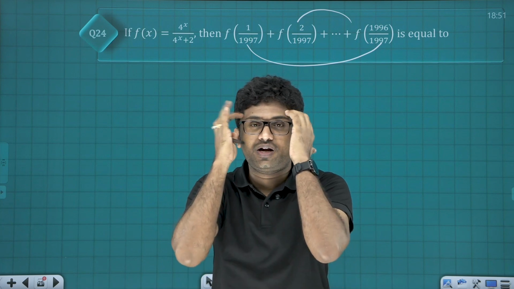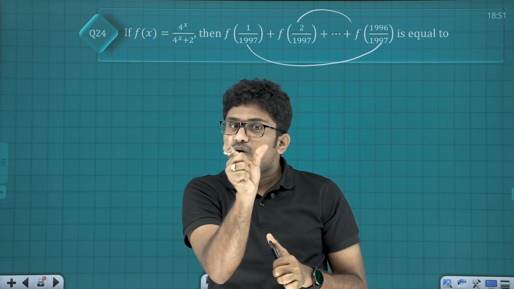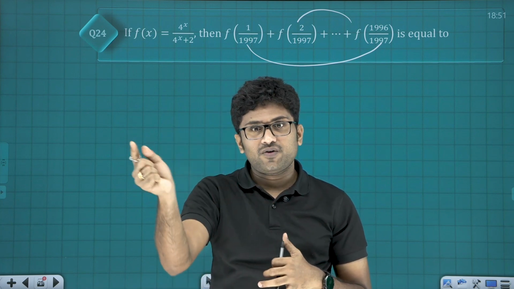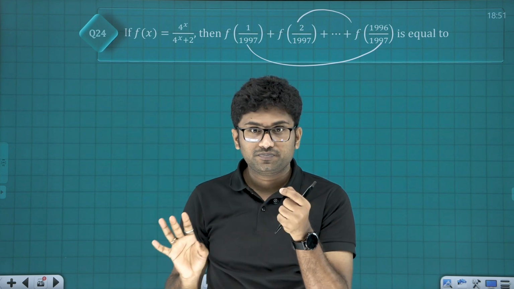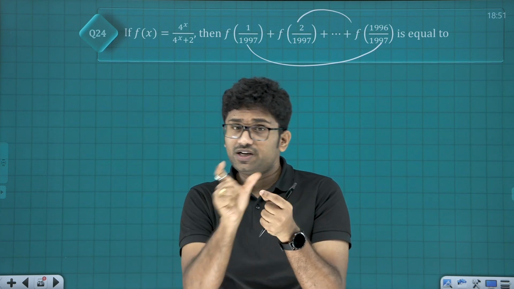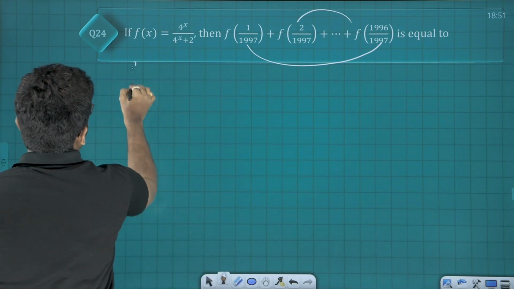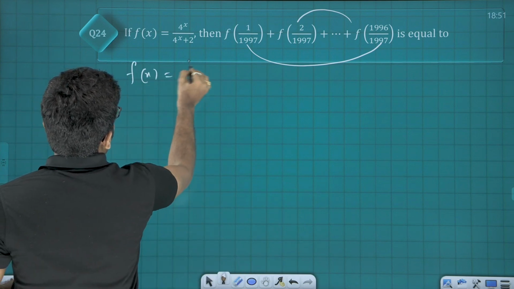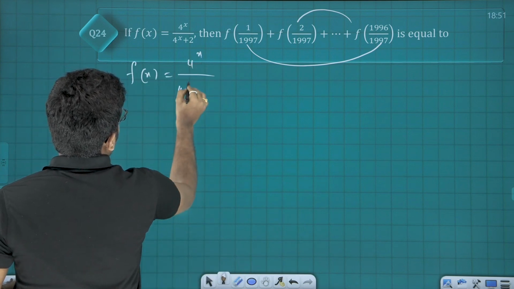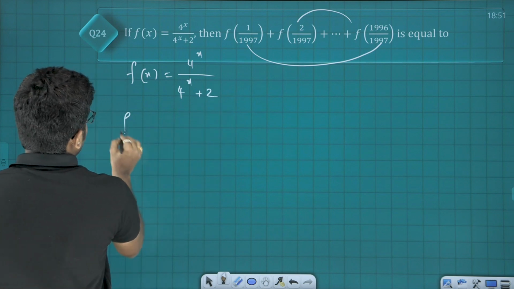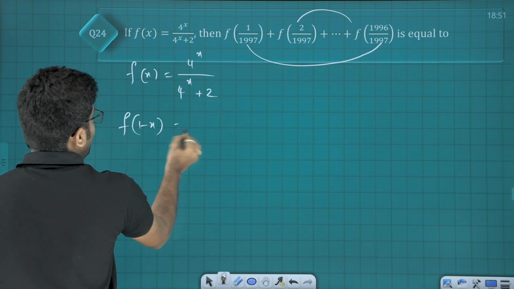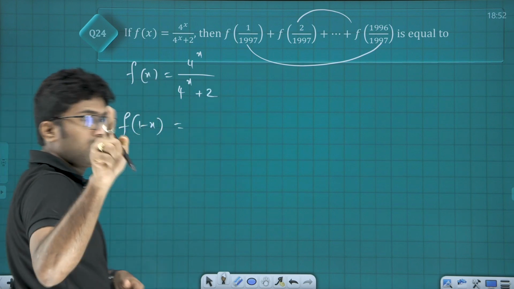First, you have to analyze the sum of two values, f of x plus f of y, such that x plus y is 1. When x plus y is 1, something is going to happen. Clear? Now f of x is already given, friends: f of x is 4 power x by 4 power x plus 2. Let's find f of 1 minus x. Why? Because the sum should be equal to 1, no?